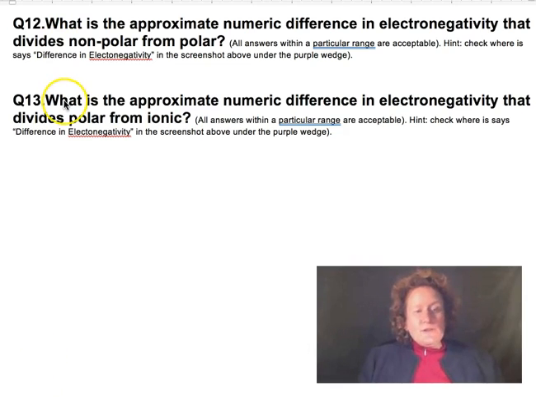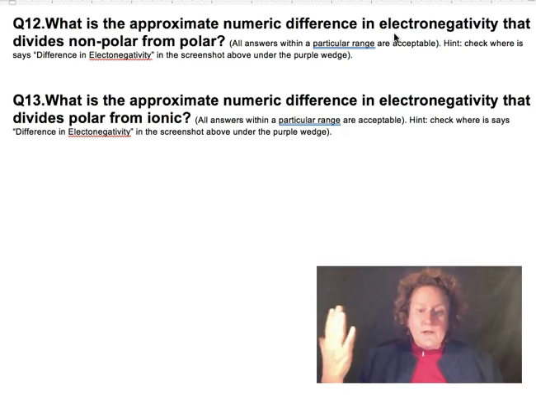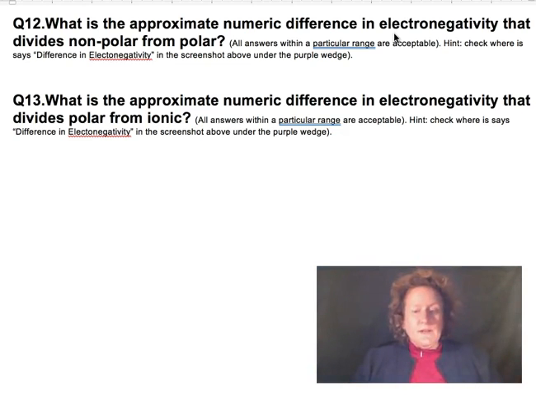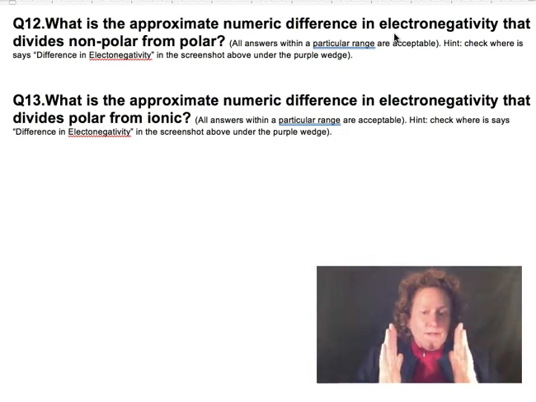Question 12 and question 13 on your lab sheet ask about the approximate numeric difference in electronegativity. In other words, take the electronegativity of one atom and subtract it from the other and look at that difference in electronegativity and how that difference relates to what kind of bond you're forming.